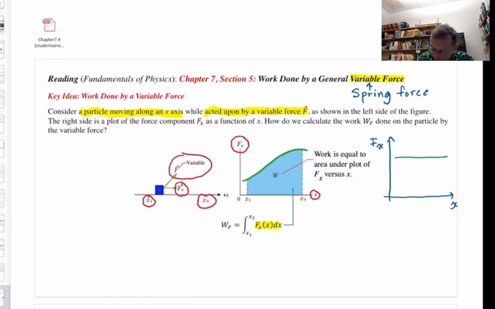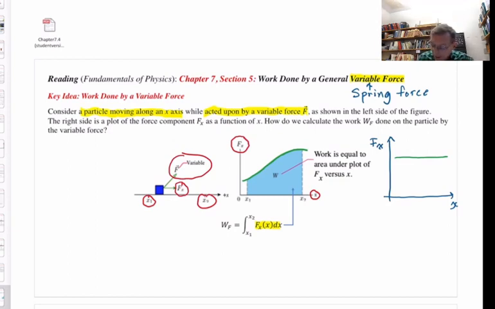And remember, an integral is just a fancy sum, so the integral says add up all the little areas of all the little rectangles between x1 and x2. The net effect will be to find the area under the plot of F sub x versus x, and that's why that's shaded in there, and labeled W. The work is equal to the area under the plot.